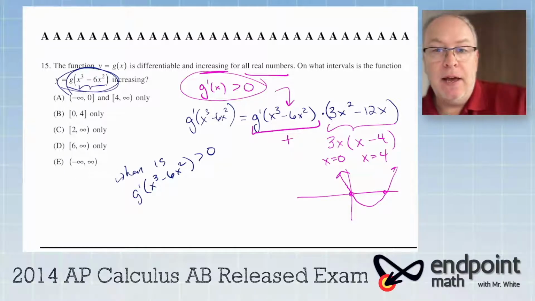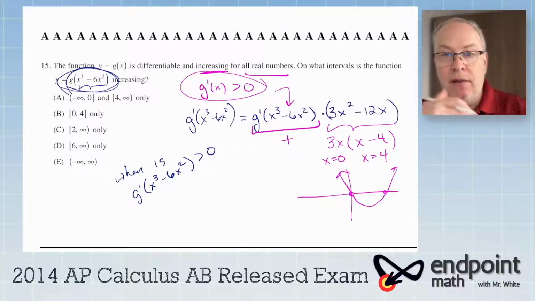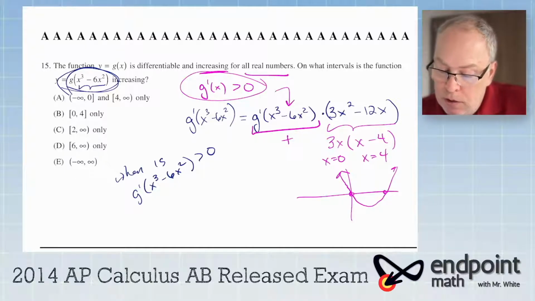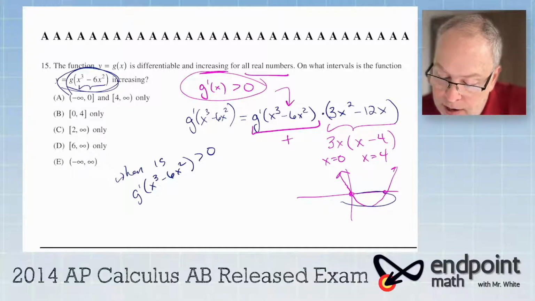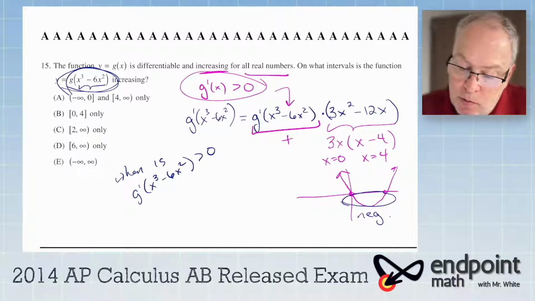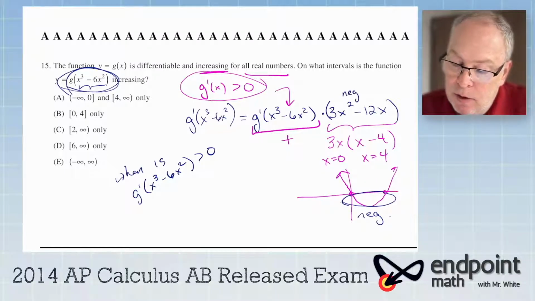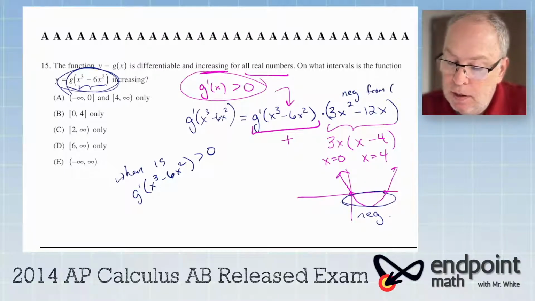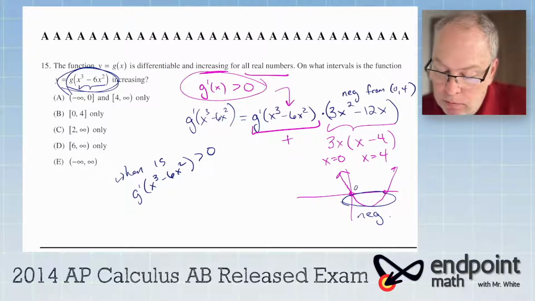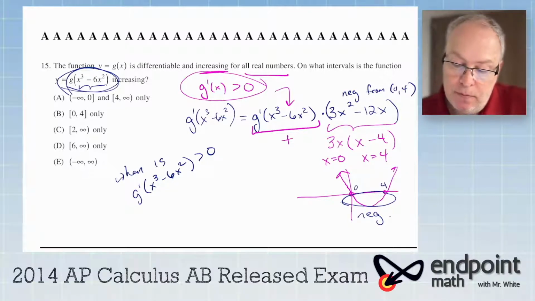One thing in AP Calc is you always need to think graphically at the same time you're thinking numerically and algebraically and all this stuff. So look at this. This right here is when it's negative. This is when it's negative from 0 to 4. From 0 to 4 is when that's negative.